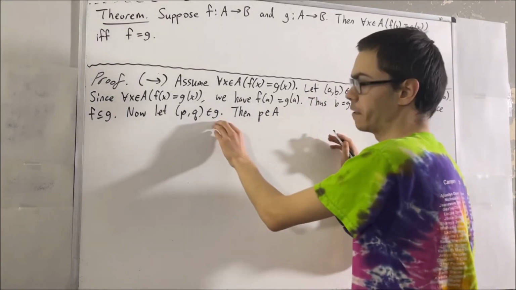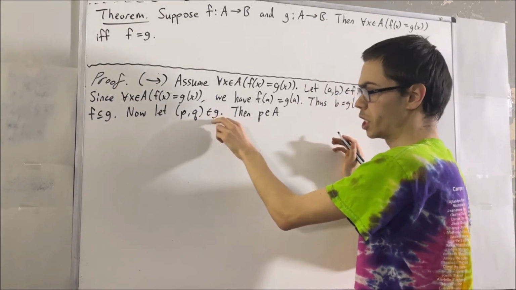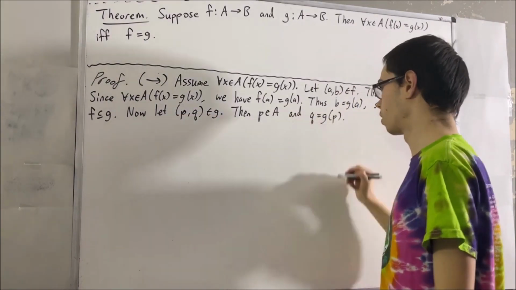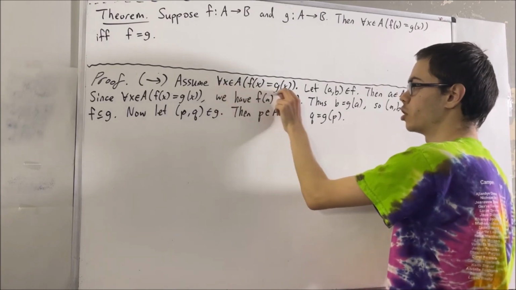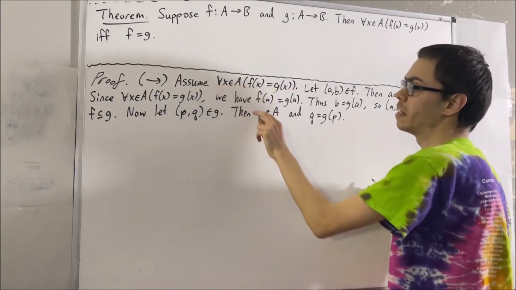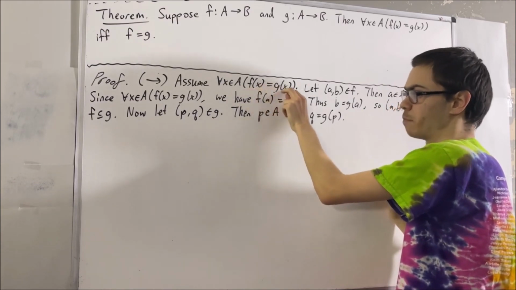Also, because g is a function, we know that this is equivalent to saying that q equals g of p. Now, because p is an element of A, and this statement is true for every element in A, it must be true for p. So we have that f of p is equal to g of p.